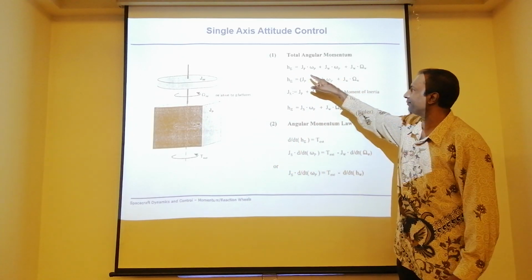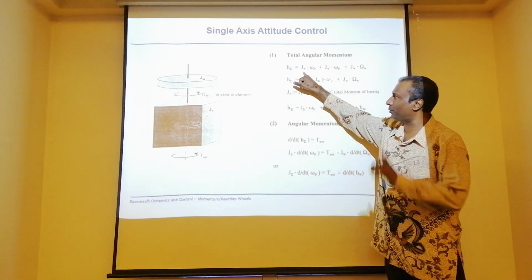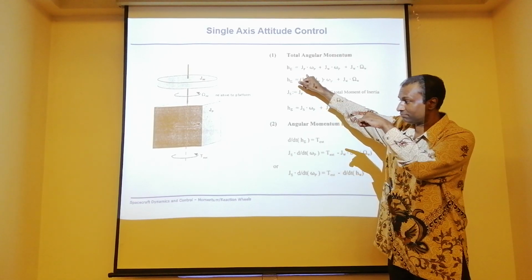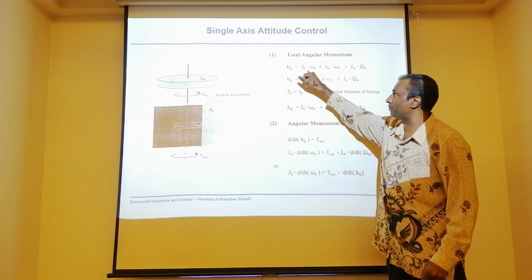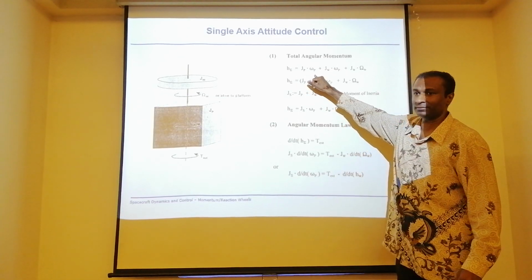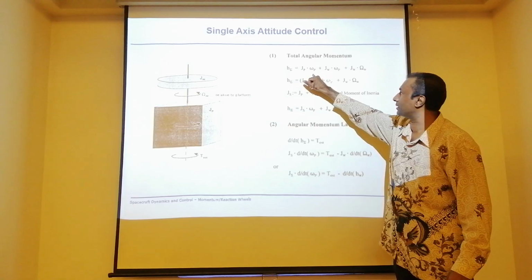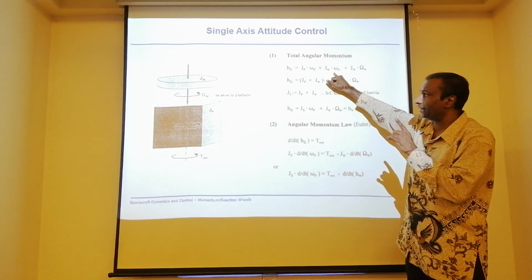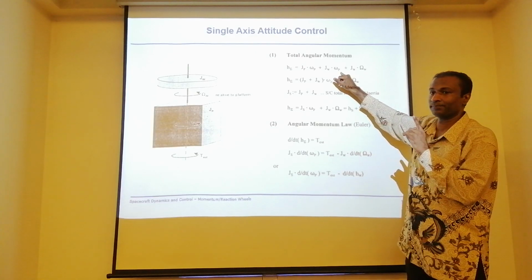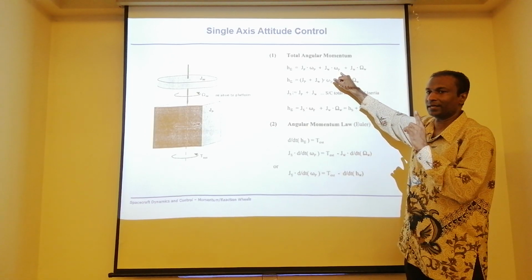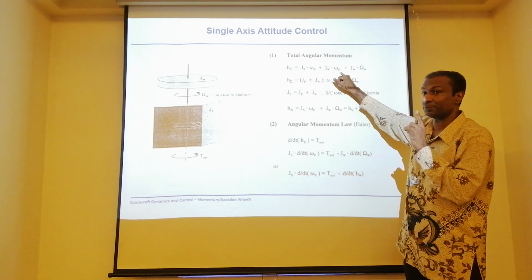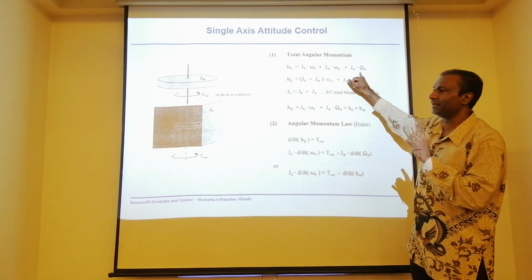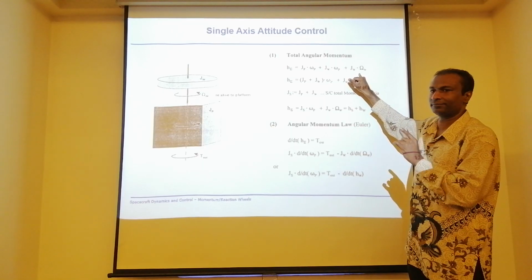So therefore, the important total momentum involved in this system is the platform's angular momentum, plus the wheel's angular momentum due to the platform's angular rotation, plus the actual rotation of the wheel itself.